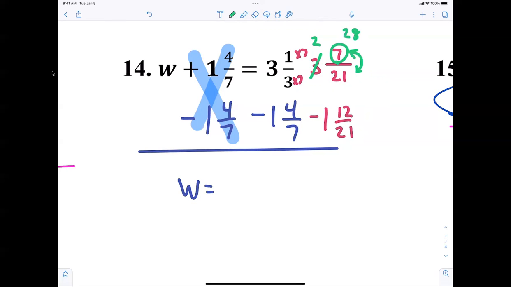And now you can do the subtraction. 28 minus 12 is 16. And then 2 minus 1 is 1. There you have it. 1 and 16 over 21.